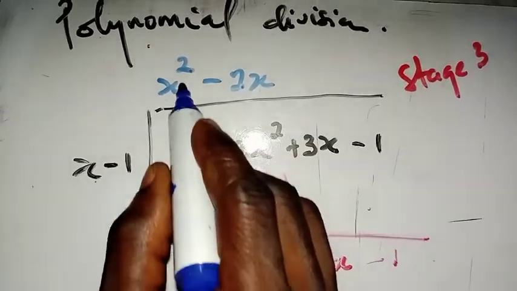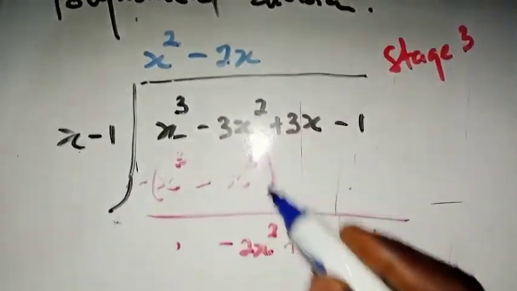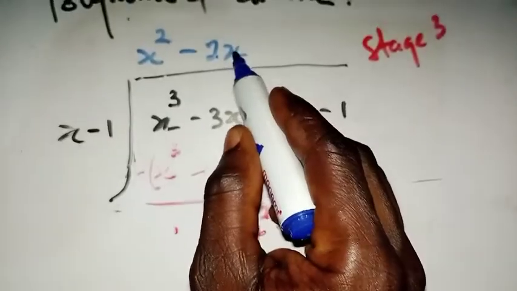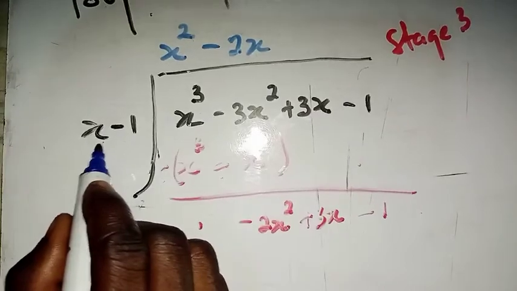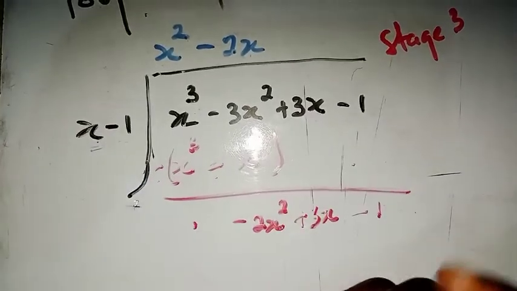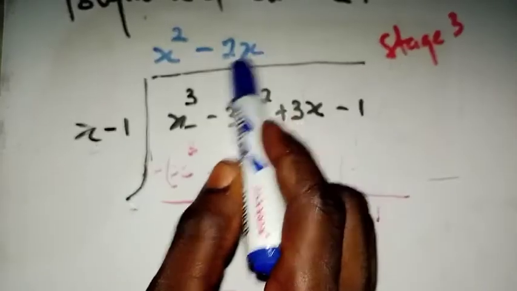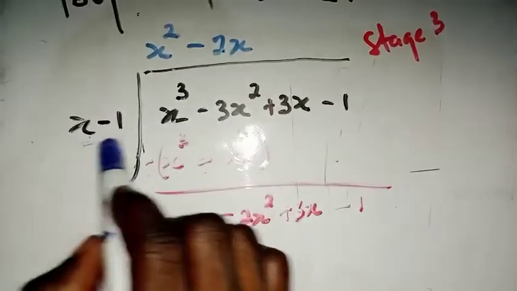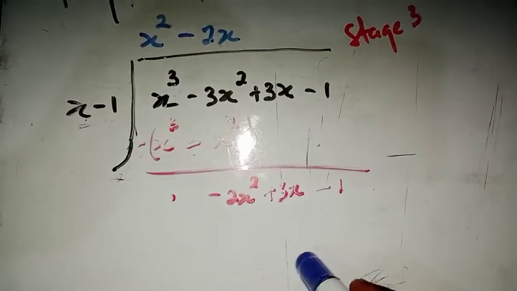So the answer here decreases by 1, right? So here too, if you have the x squared here, it must go down by 1, right? So meaning that we have this x here out of that. So we can get a negative 2x out of this negative 2x squared. So you use the answer to multiply everything, and then you have your answer down.